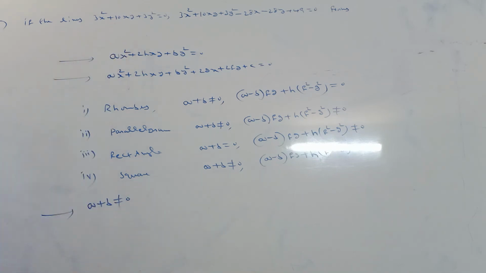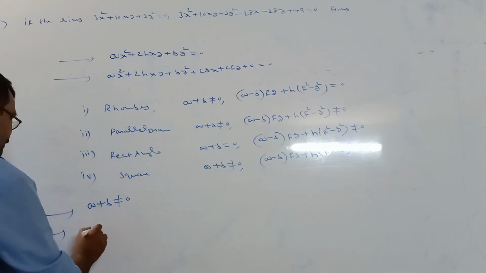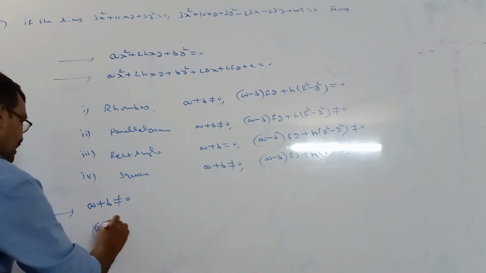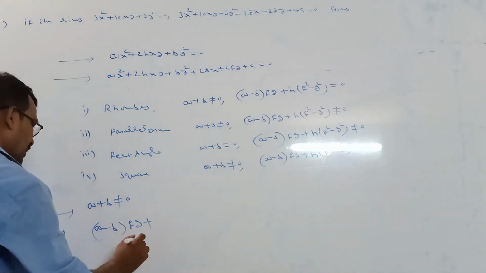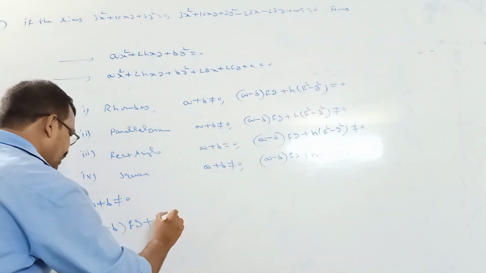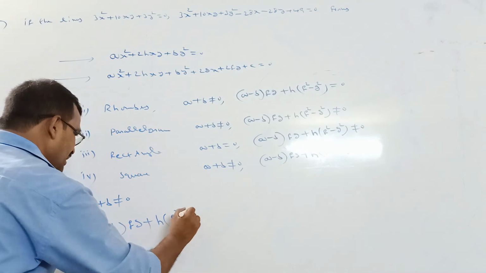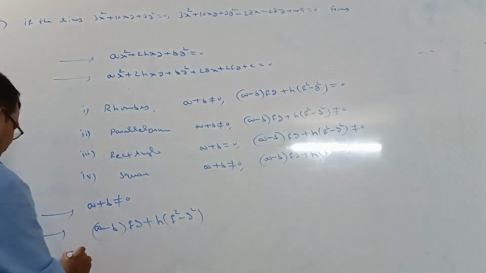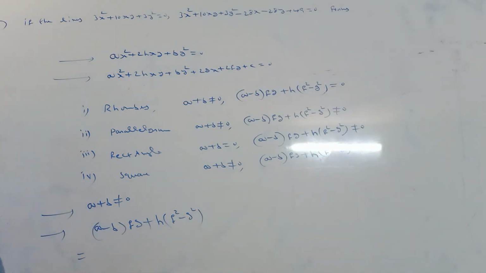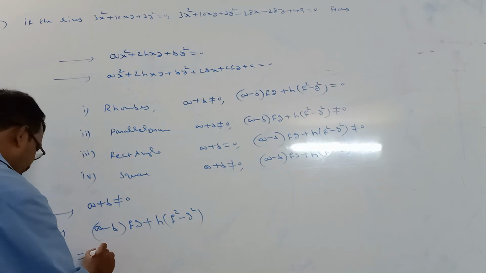Because 3 + 3 is not equal to 0. I check the condition (a − b)fg + h(f² − g²). A is 3, b is 3.